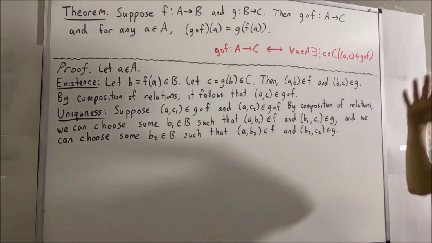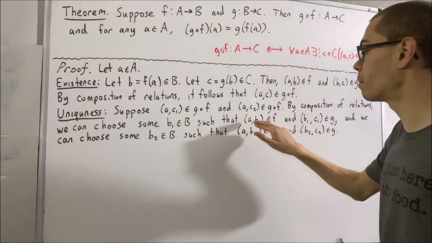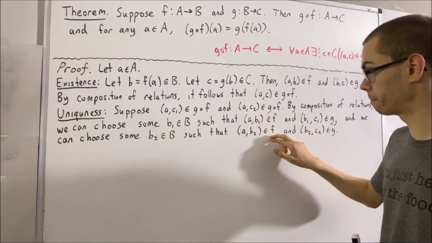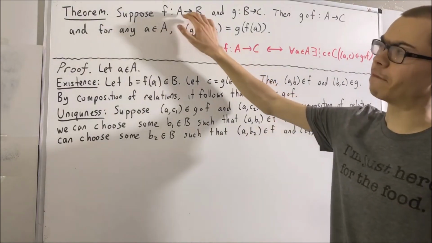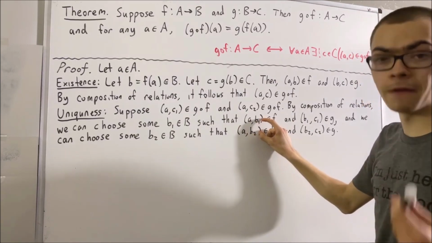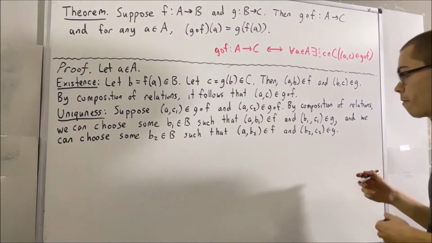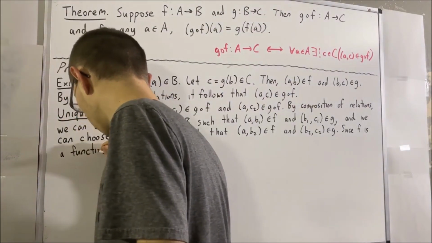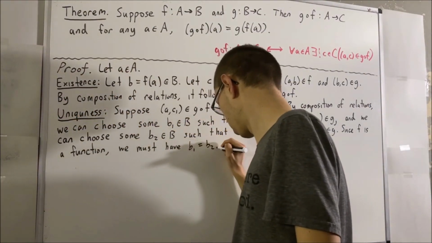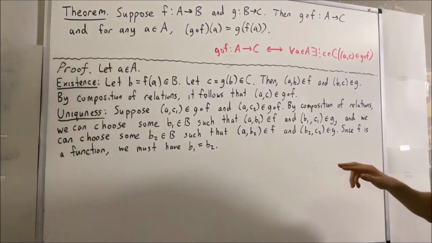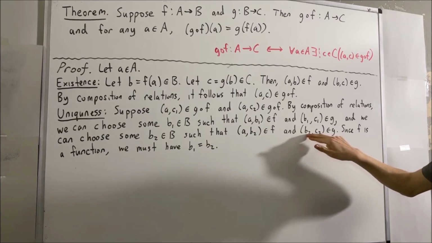Okay, so now notice (a, b1) is an element of f, (a, b2) is an element of f. But f is a function, so a must map to a unique value. So we must have b1 equals b2. Okay, so since b1 equals b2, we could replace the b2 here with b1.